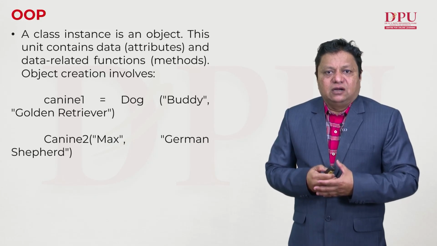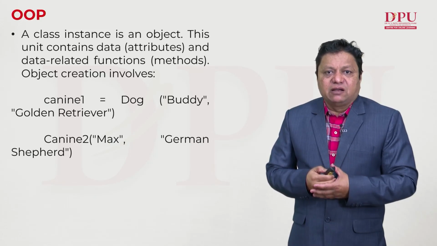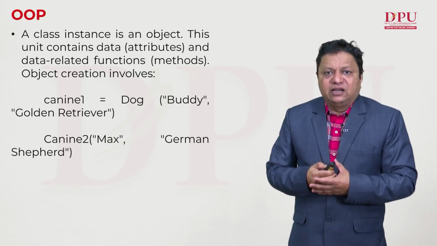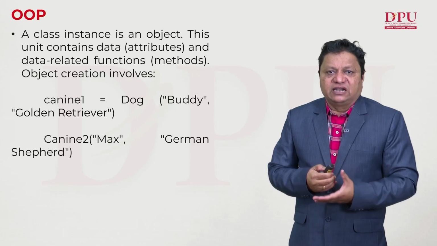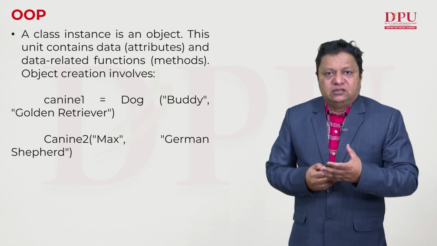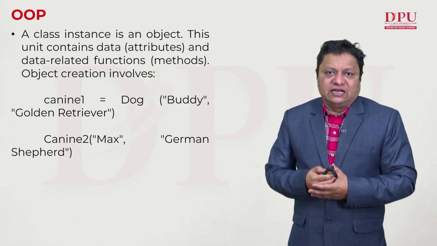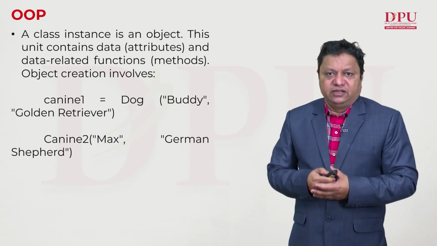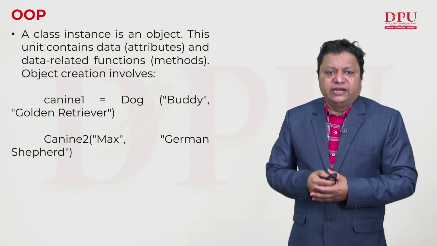So it's like a drawing, like a map, like a blueprint which is present only on paper. But until and unless you create an object of that class, the functionality of that class will not come into existence. So objects are real entities and the class is a logical entity.